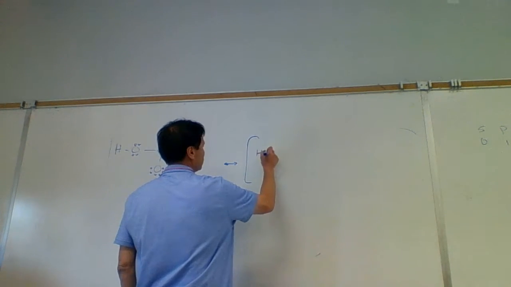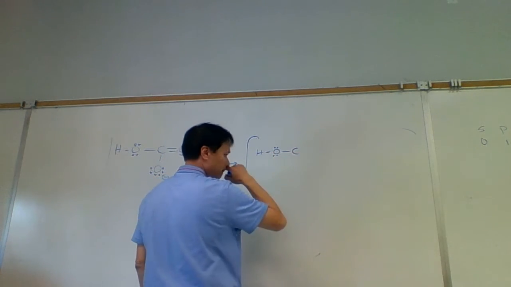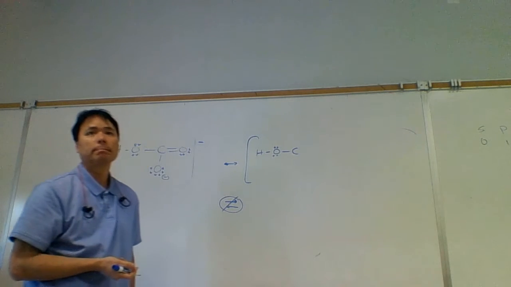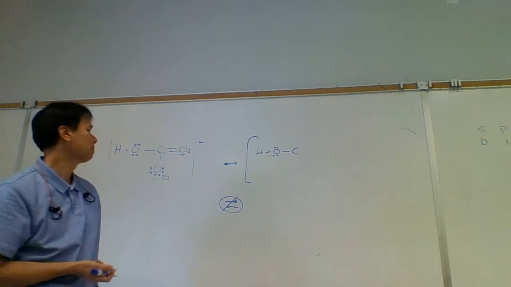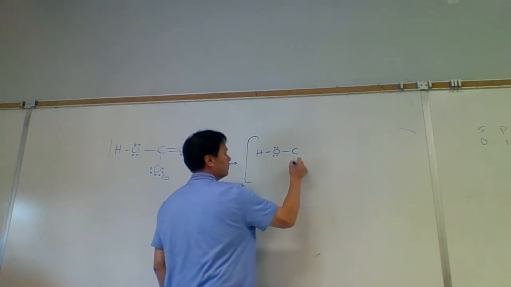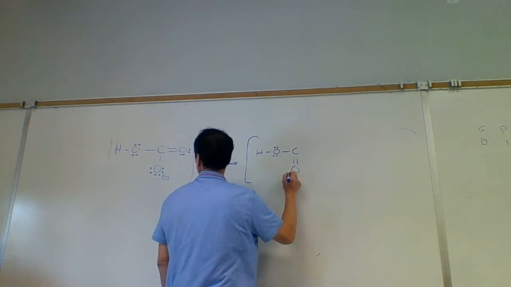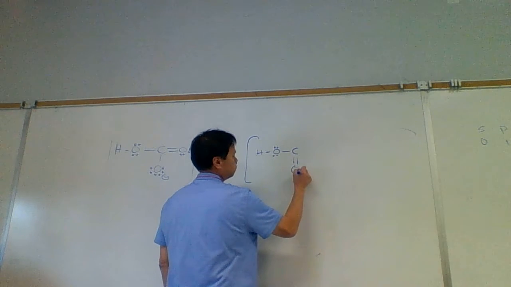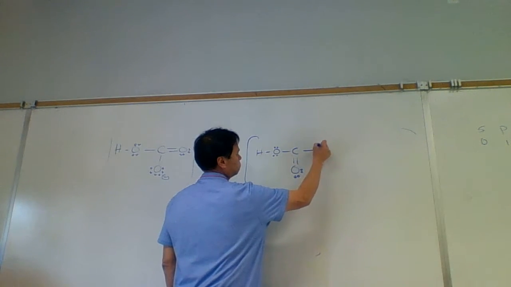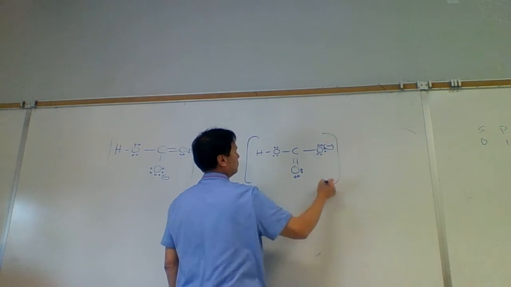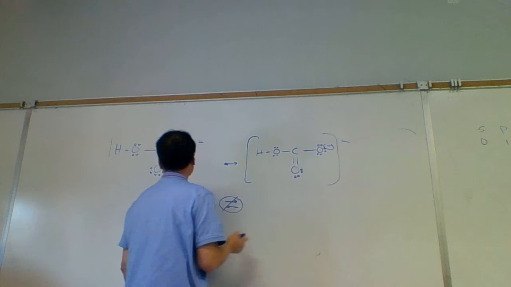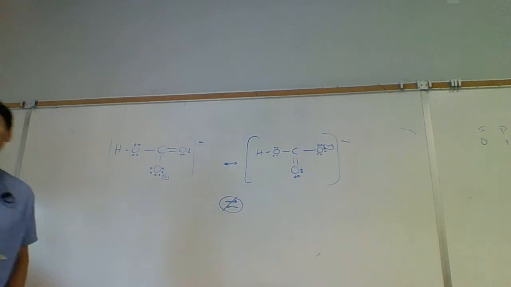What does the other resonance form look like? Double bond on the bottom. Okay, how about a third resonance form?